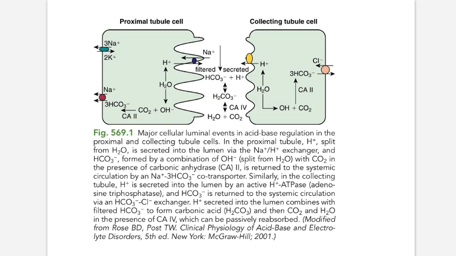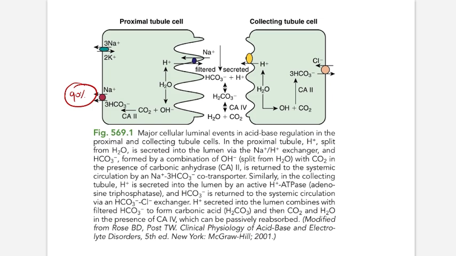In the proximal tubule, H2O gets divided into H plus and OH negative. OH negative combines with CO2 in the presence of carbonic anhydrase 2, and bicarbonate is formed. This bicarbonate goes through the sodium bicarbonate symporter to the systemic circulation. This is the 90% way of bicarbonate absorption.